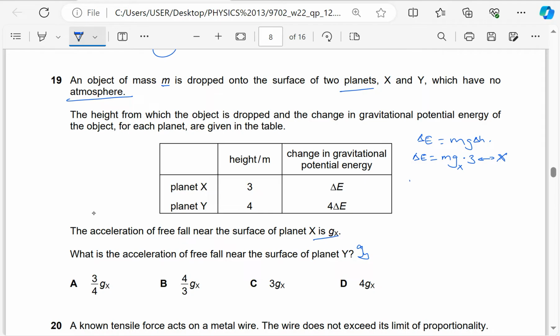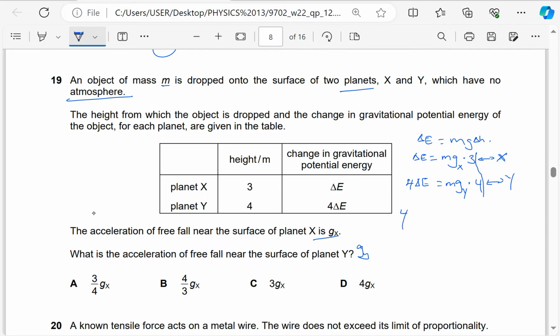Then for Y, the change in potential energy is 4 times delta E, which is going to be m times g at y, then times height, which is 4. This is for planet Y. So we have these two equations here. I'll get the first equation and put it in the second equation.